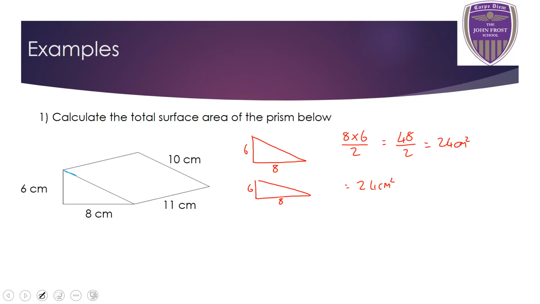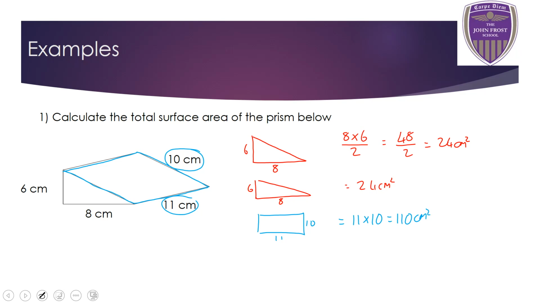The other one we can actually see in the picture is this one here, and it's a rectangle. Along this length here, it's 11 centimeters, and along this side here, it's 10 centimeters. So we would want to be finding the area of that rectangle. Remember, length times width, it'll be 11 times 10, which is 110 centimeters squared.